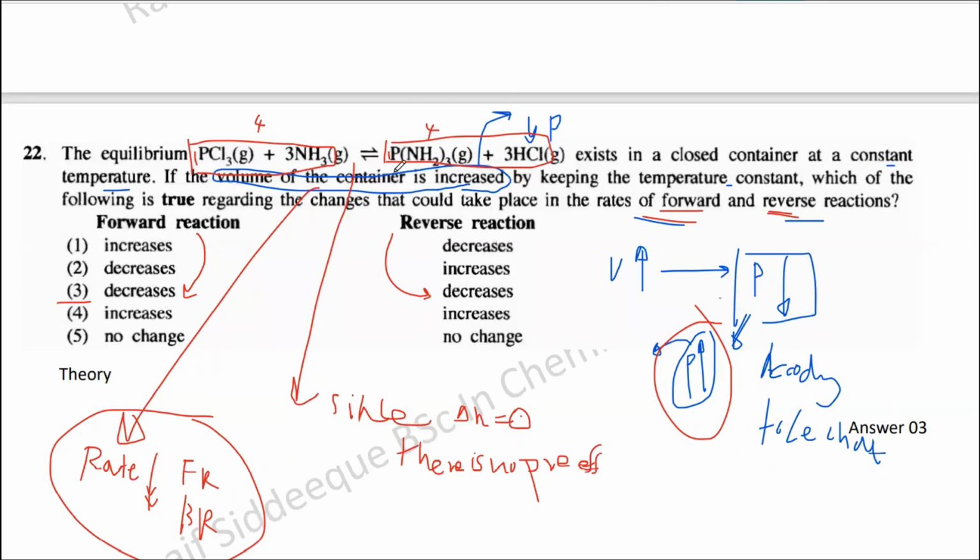If you remove this one, what should actually happen? You have to think about the equilibrium. When you remove this one, when the concentration drops, it goes towards the forward reaction and equilibrium is shifting, and then the rate is increasing. There is no problem in that.